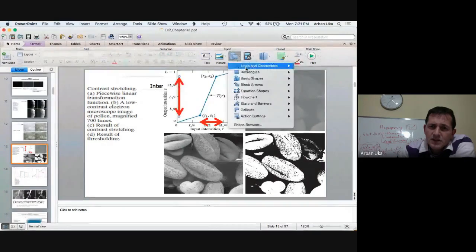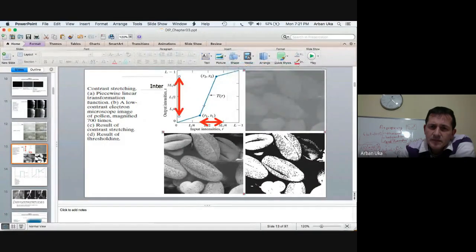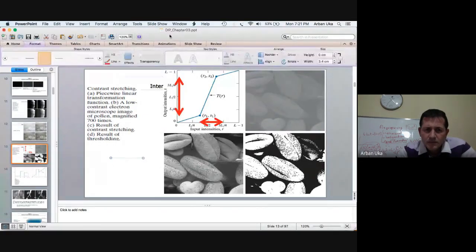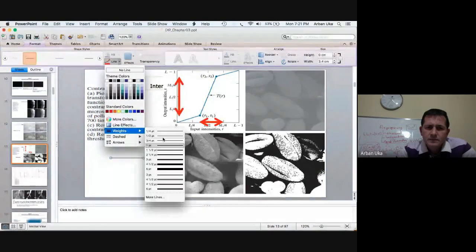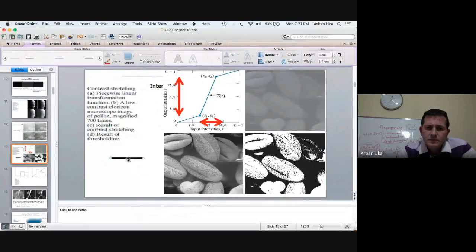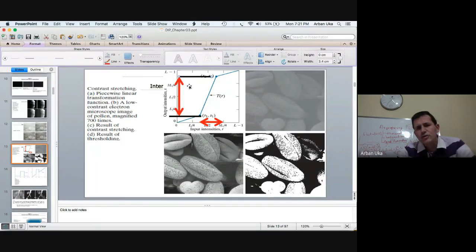We really see that a small delta x is going to produce a huge delta y, and this means contrast stretching.